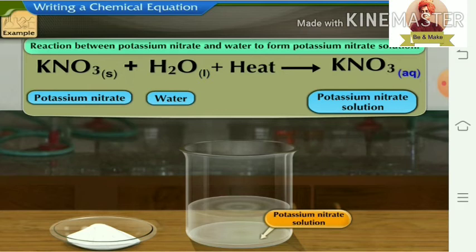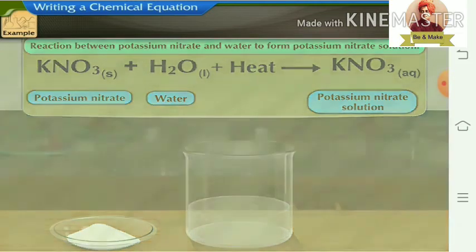In order to form the aqueous solution we add this powder into the beaker containing water. Thus we get a solution of potassium nitrate in water, which is called an aqueous solution.